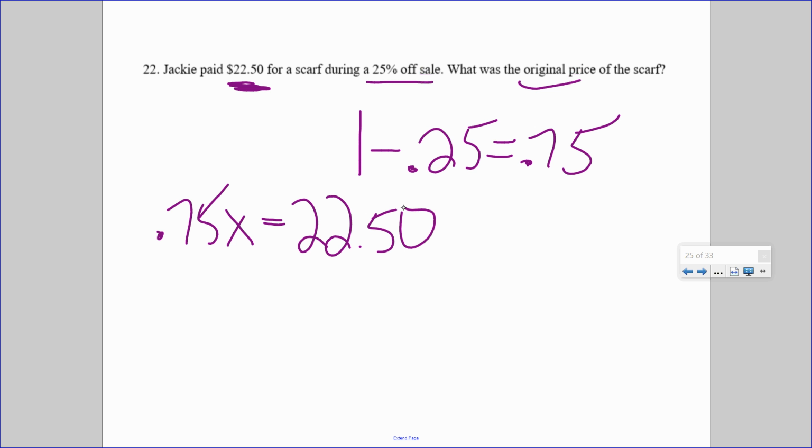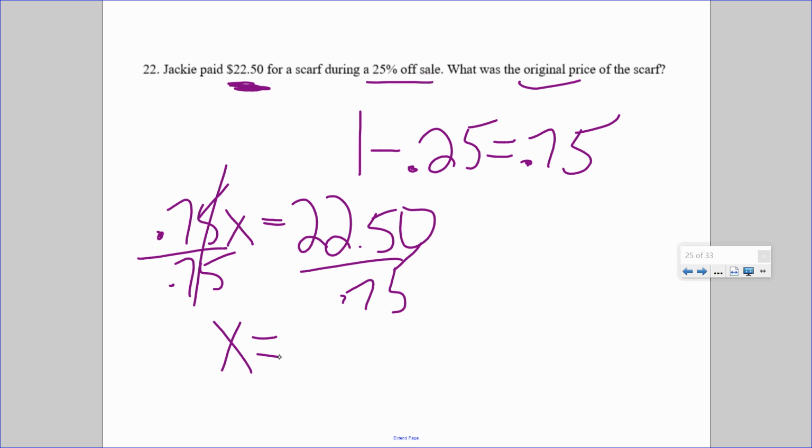If it's 25% off, then you're paying 75%. So 75% of what original price is $22.50. That's the setup. From here, to solve it, we divide both sides by 0.75. $22.50 divided by 0.75 is 30.